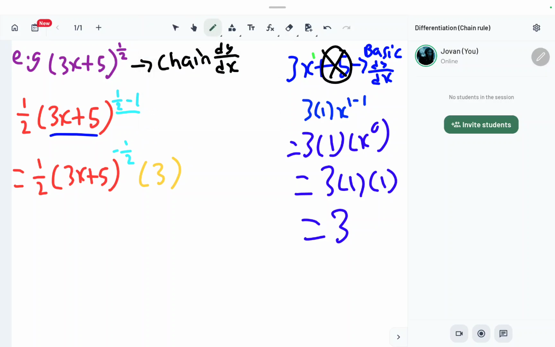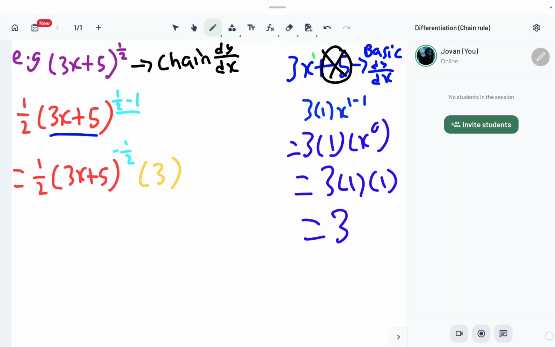Why is it 3 bracket 1? Because the x has a power of 1, which is the bright green color. That's why it's 3 bracket 1 x to the power of 1 minus 1. Because x power 1 is just x, and there's an invisible 1 on top of the x.